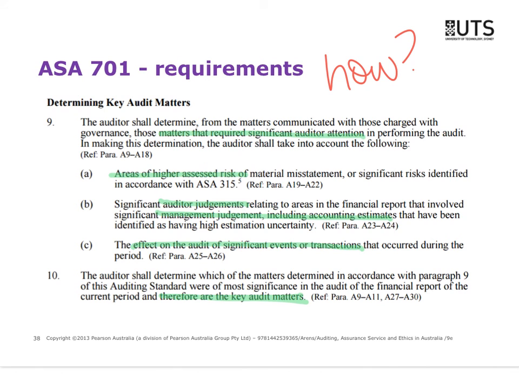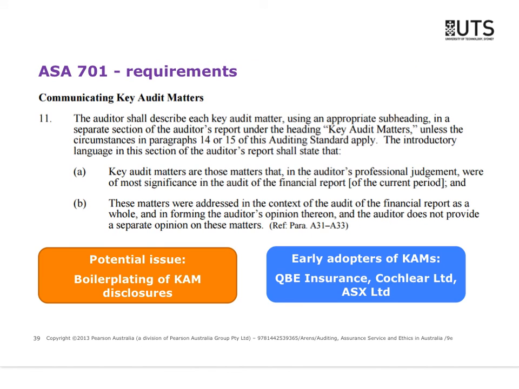What sort of things did you consider? What were the big hurdles that you had to overcome? The communication says that we have to communicate a couple of things. The key one is how these matters were addressed. Oh, I'll do that in green, I don't like red. How these matters were addressed in the context of the audit.